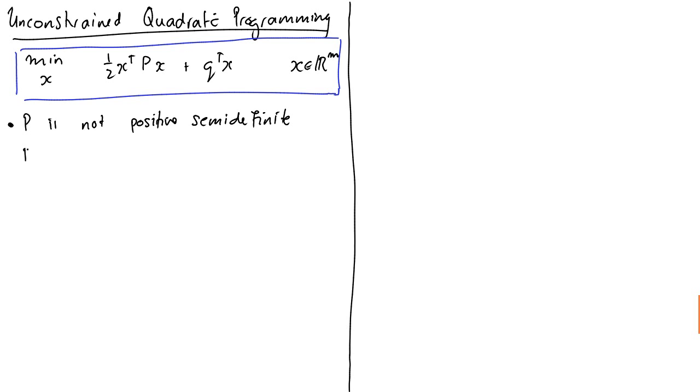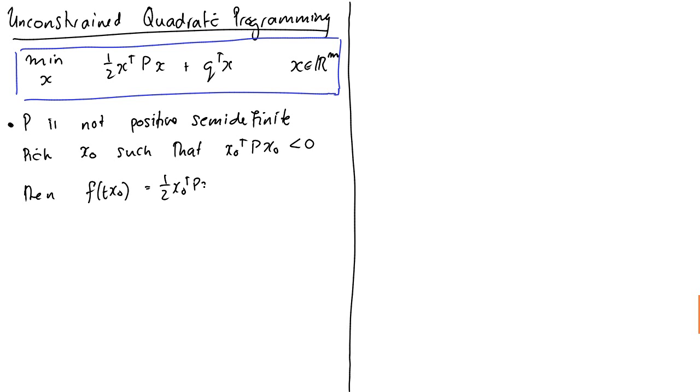So what we do, we pick an x0 such that x0 transpose P x0 is less than 0. If it's not positive semi-definite, that means we can find an x0 such that that's true. Then f of t x0 equals 1/2 x0 transpose P x0 times t squared plus q transpose x0 times t.